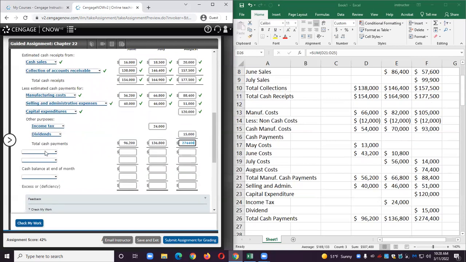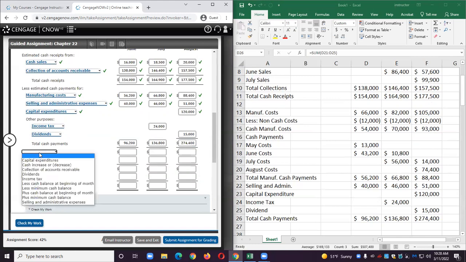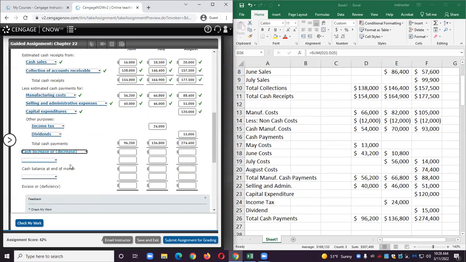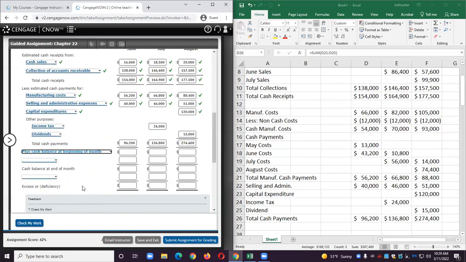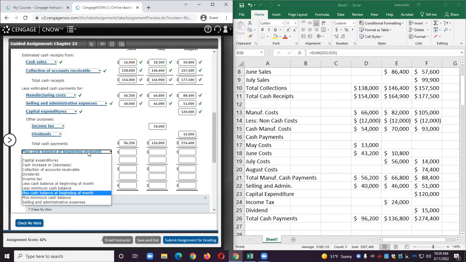All right. So after we know our total cash payments, we can figure out our change, or our cash increase or decrease. Sometimes they call it change in cash. Actually, you know what it's going to want from us right there? I think it's going to want our cash from the beginning of the month. Okay.